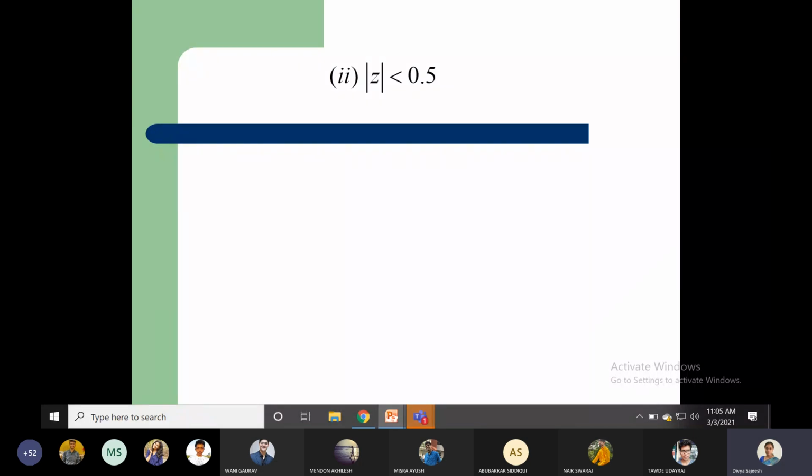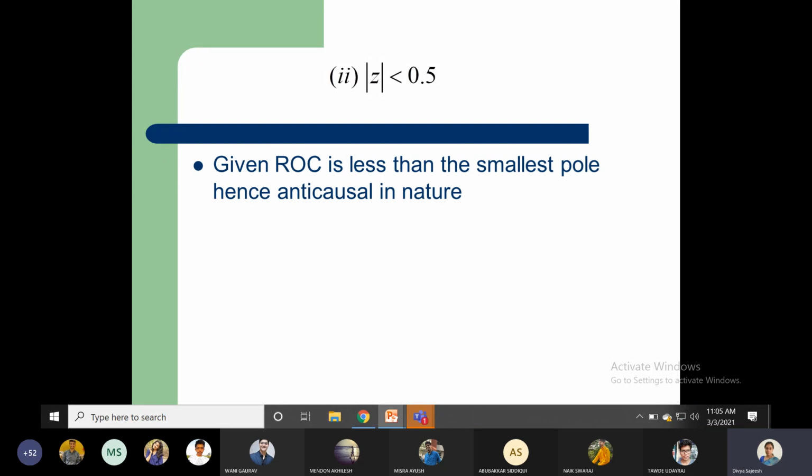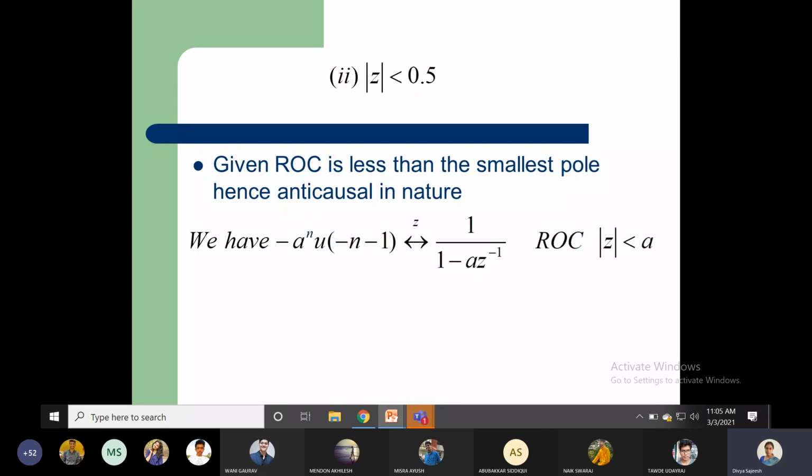Now let us take the second condition, Z less than 0.5. It is the case of a left-sided signal. The given ROC is less than the smallest pole. We have two poles, 1 and 0.5, and it should be less than the smallest pole. So it is the case of an anti-causal or non-causal signal. Let us take the Z transform pair minus a raised to n u of minus n minus 1 is 1 upon 1 minus a Z inverse.